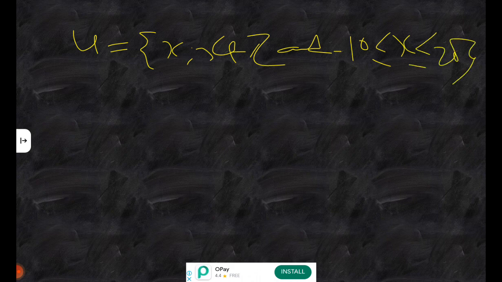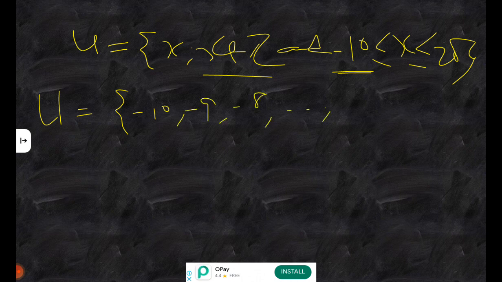Since this is an element of an integer, it means that U is going to pick from minus 10, minus 9, minus 8, continuing up to minus 1, 0, 1, 2, continually like this, right?